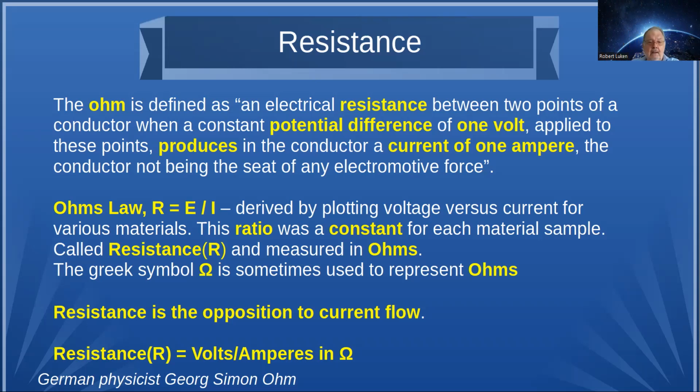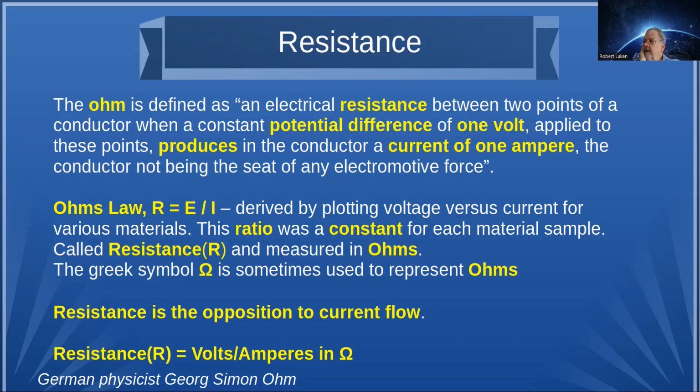Now, a lot of times you will see that Greek symbol omega, which I think is small omega. And we use that to represent ohms instead of writing ohms out. The basic definition you need to remember is that resistance is the opposition to current flow.